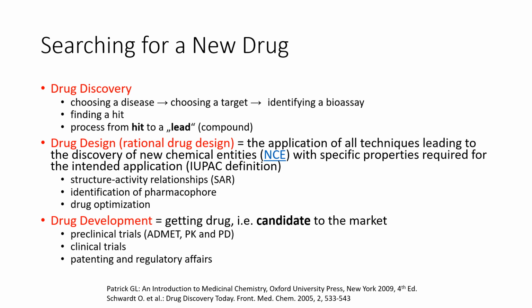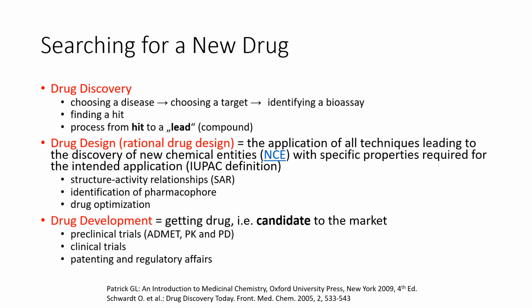We will start a little bit with the process of pharmaceutical companies, how they search for new drugs. So the first step is drug discovery, then the second one is drug design. We talk about rational drug design, and the last step is drug development. So let's have a look at the particular steps.